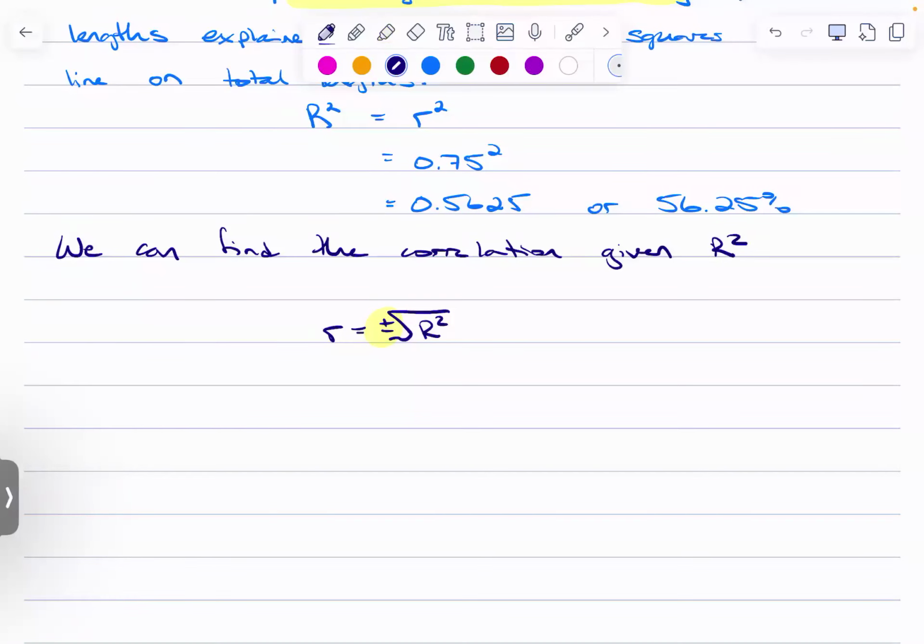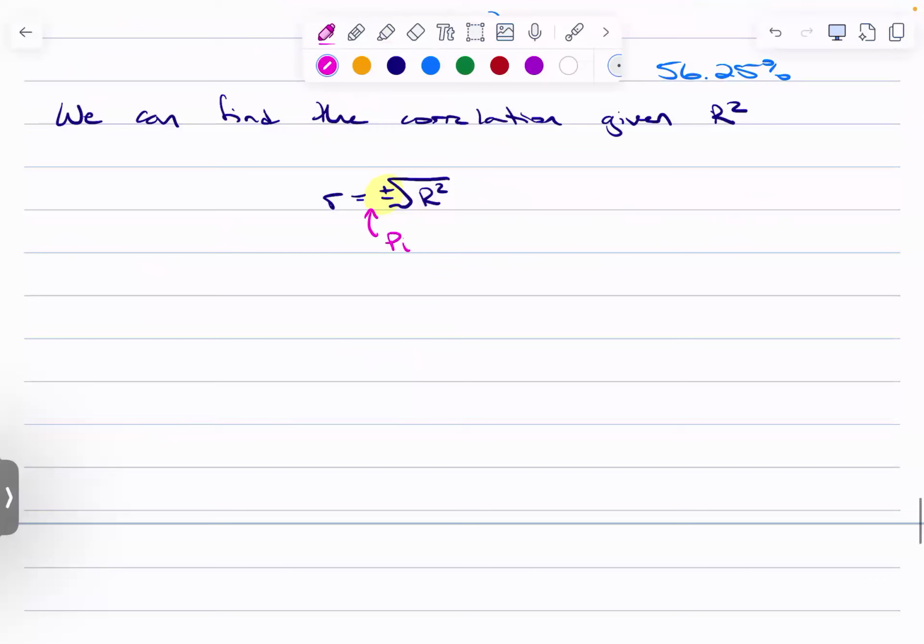And so here, pick the sign from the relationship in the scatter plot. If you have a positive relationship, you keep it positive, and if it's negative, you have to attach the negative.